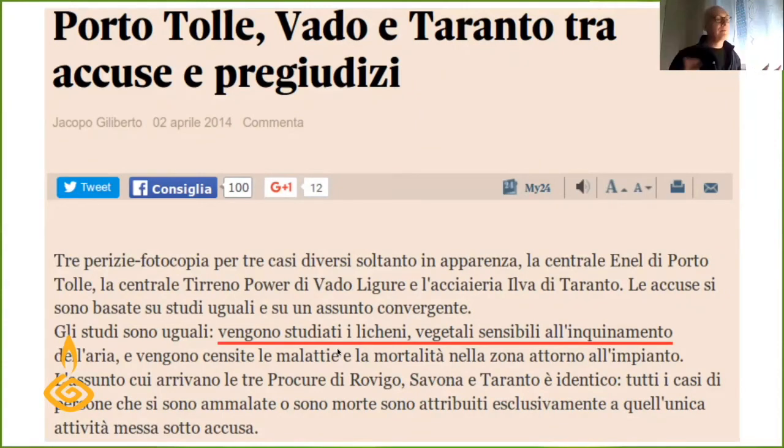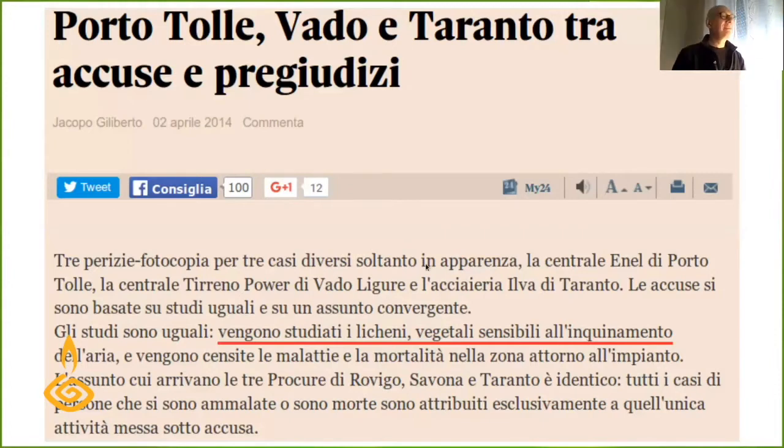Very important forensic studies about the air pollution by an oil plant, a coal plant, and a steel factory, the biggest steel factory in Europe, which is called Ilva from Taranto, another coal power plant in northwest Italy, and another oil power plant in northeast Italy.